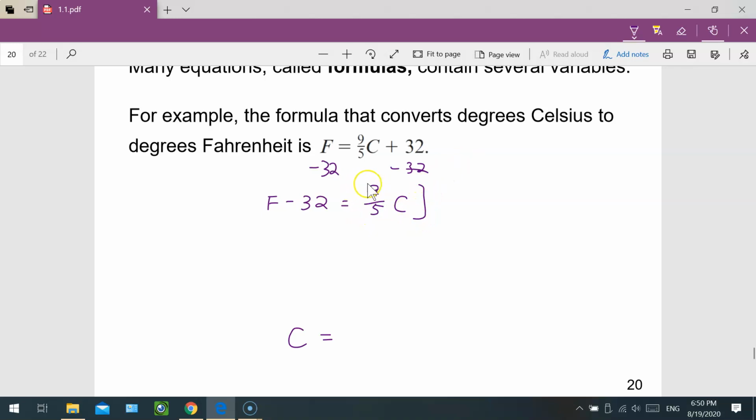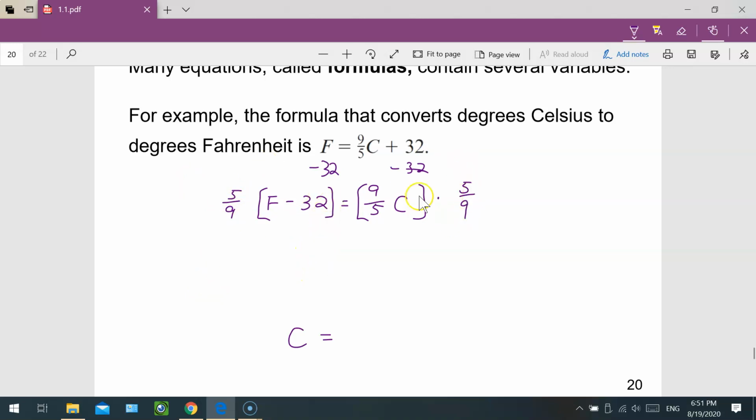The only way I can get rid of 9/5 is to multiply by the reciprocal of 9/5, which is 5/9. Since I multiply 5/9 on the right, based on the property of the equation, I have to multiply the same number on the other side of the equation.